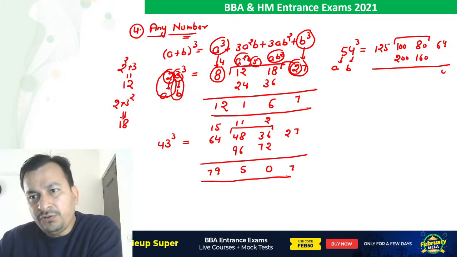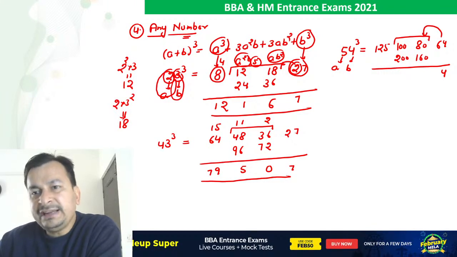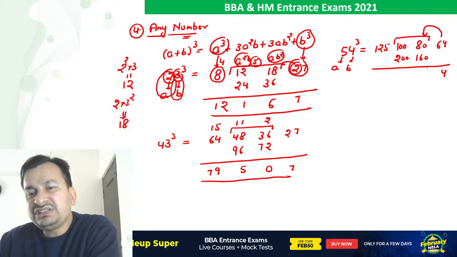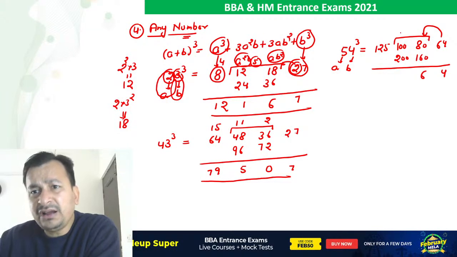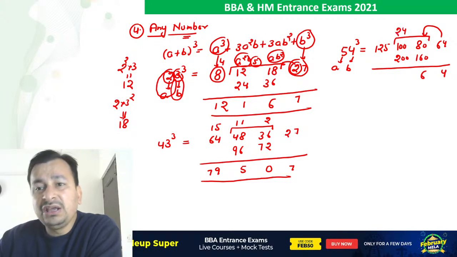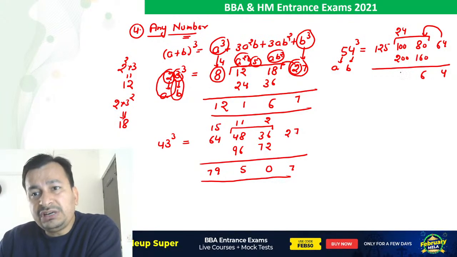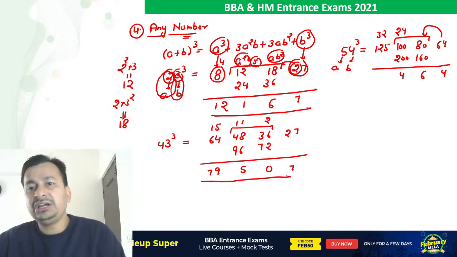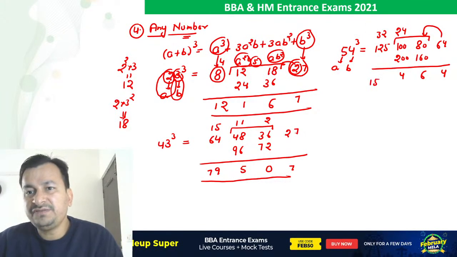So 64 का 4 आ जाएगा, 6 बच्चों चला जाएगा ऐसा कैरी। तो 6 प्लस 80 86, तो 86 प्लस 160, 86 प्लस 160 इज 246, तो 246 का 6 यहाँ पे आएगा, 24 एज अ कैरी चला जाएगा। सो 200 प्लस 100, 300 प्लस 24, 324, 324 का 4 लिखेंगे और 32 हमारा कैरी चला जाएगा, एंड 32 प्लस 125 इज 157.